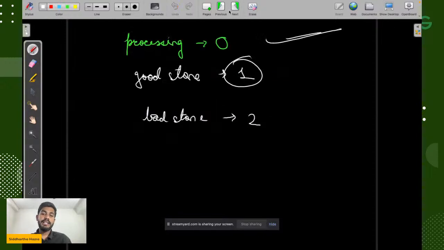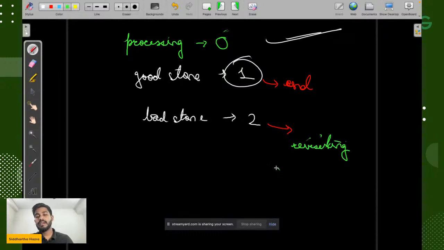How would we say that this is a bad stone? A good stone can be determined when I reach the end. When I reach the end by recursion, I would return 1. A bad stone means that I am revisiting a processed stone.